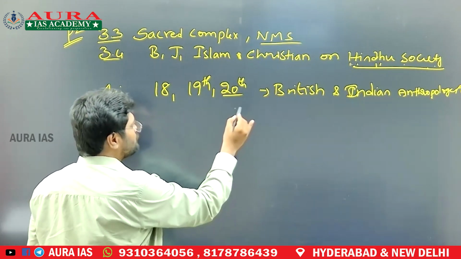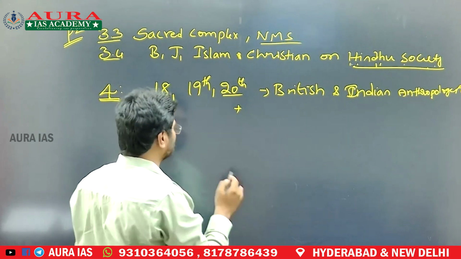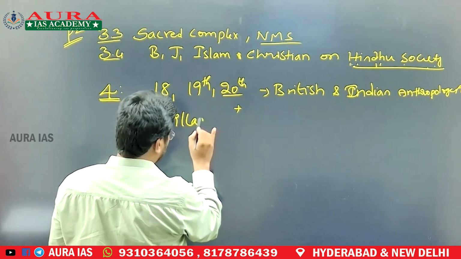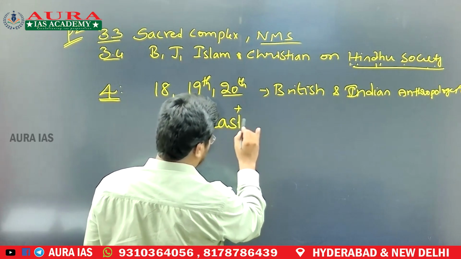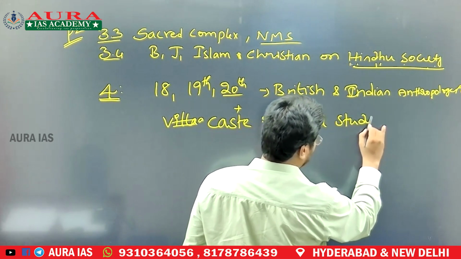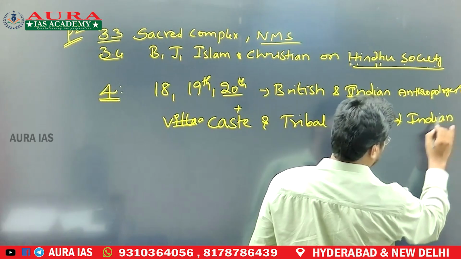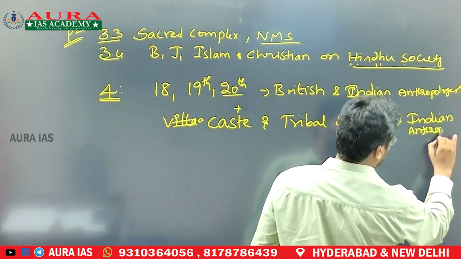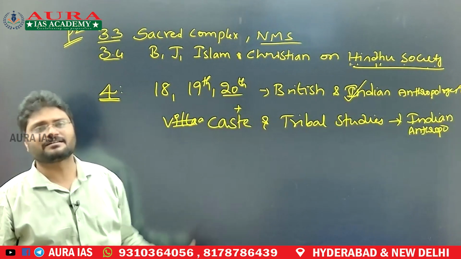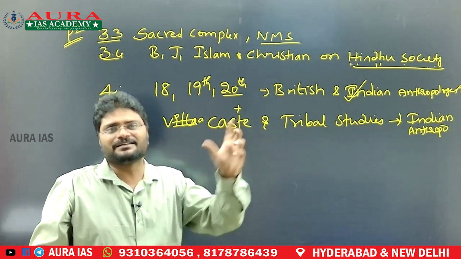Apart from that, you should also cover the second portion: 20th century Indian anthropologists who studied villages and tribals, caste studies and village and tribal studies. British administrators as well as Indian anthropologists who studied caste and tribal societies, you should not omit. Who are they? What contributions did they make?